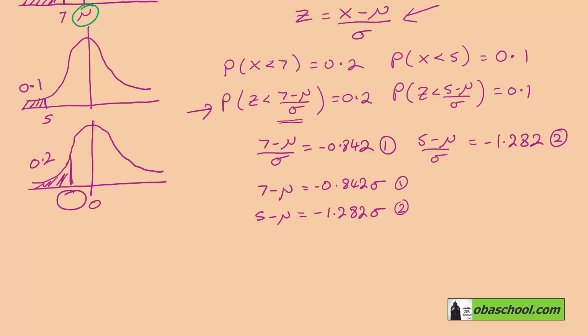Let's just call them 1 and 2. I could use a prime if I want to indicate the fact that I've changed them slightly. And then if I do 1 prime take away 2 prime, I get 2. And of course the mu's disappear.